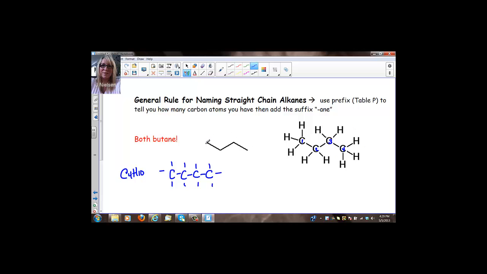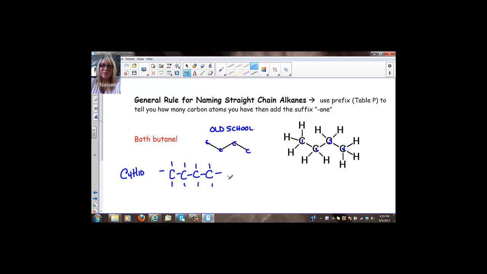Now, this you will rarely see, but each point represents a C. So this is a C, this is a C, this is a C, and this is a C. And then it's assumed that there's all H's off it. This is very old school. You will very rarely see that.